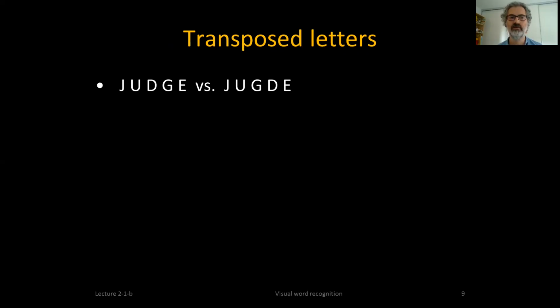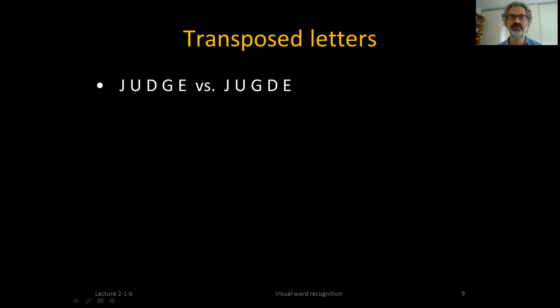So this is a correctly spelled word, and this word is almost the same, except that these two letters have been exchanged. It turns out that misspellings of this sort are very hard to detect. Researchers don't usually study this using proofreading experiments. Instead, they use priming experiments.